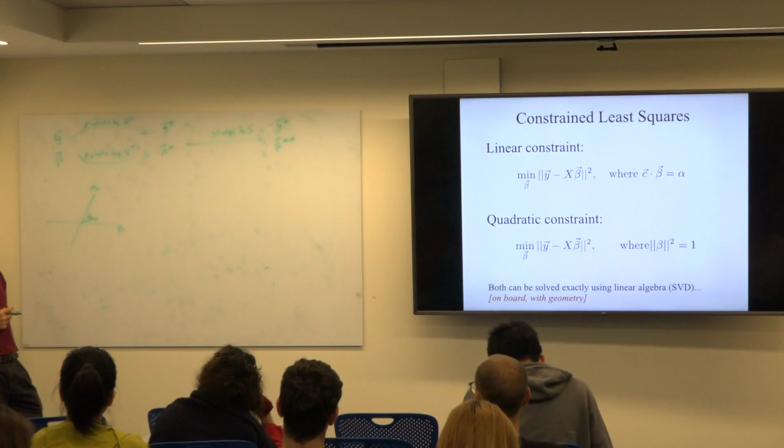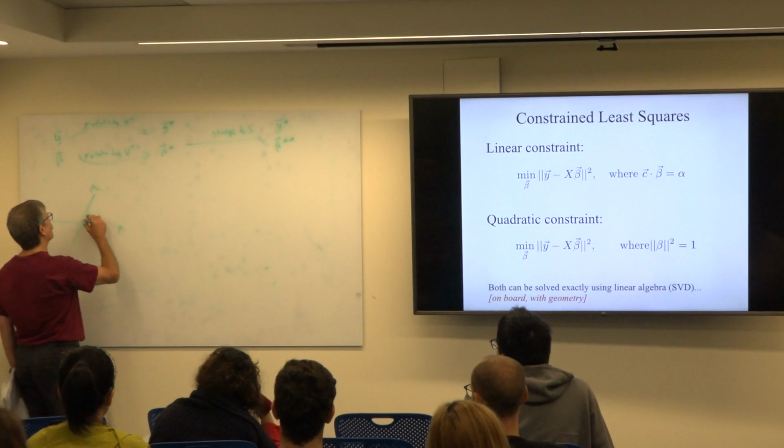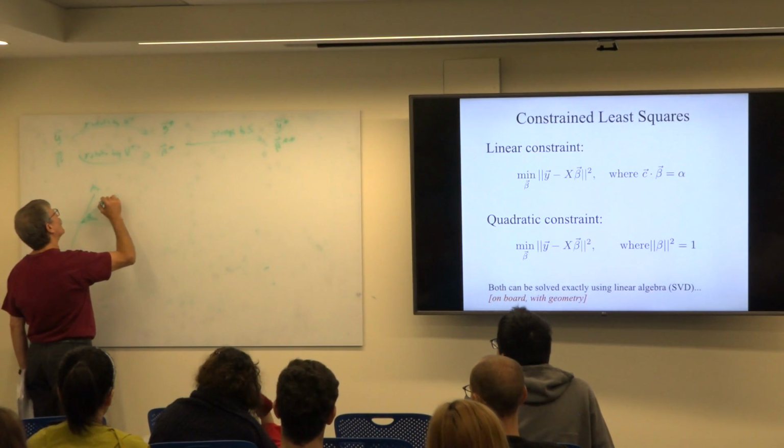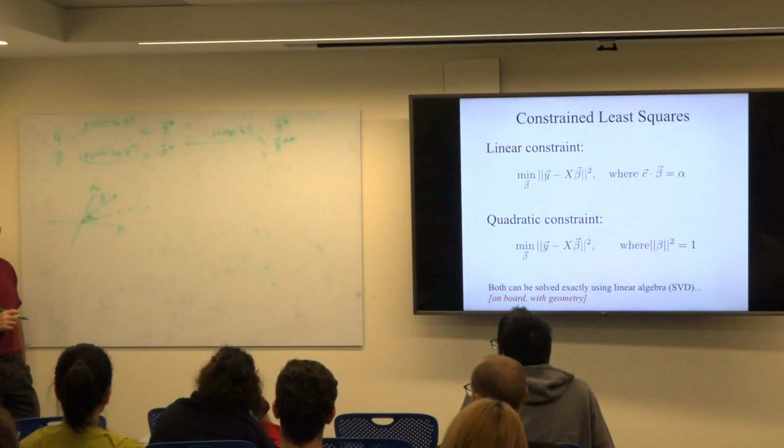What number is that? Dot products, the definition from like the very first week. What's a dot product with a unit vector give you? There's a given beta. What do I do? Projection.